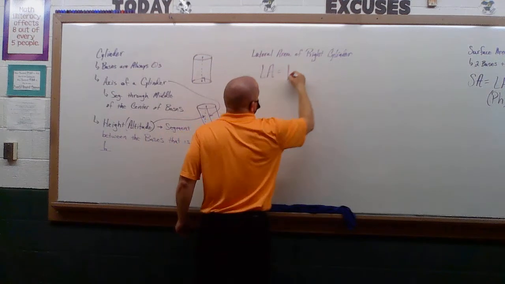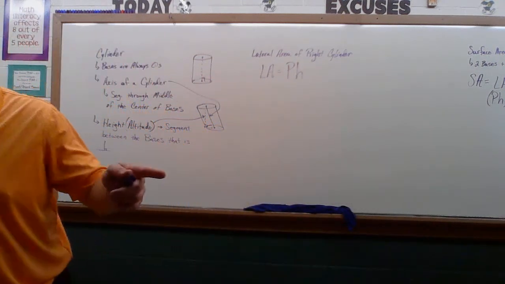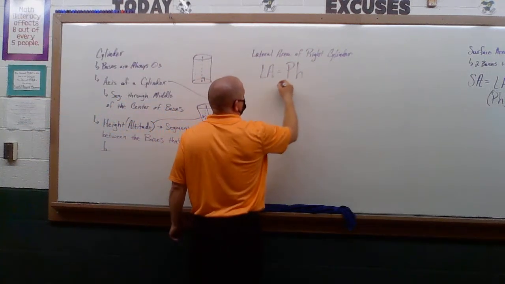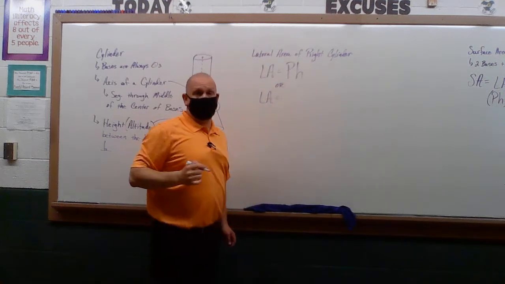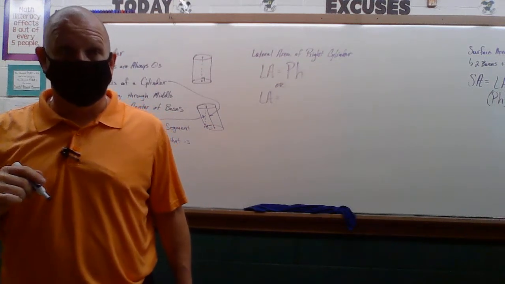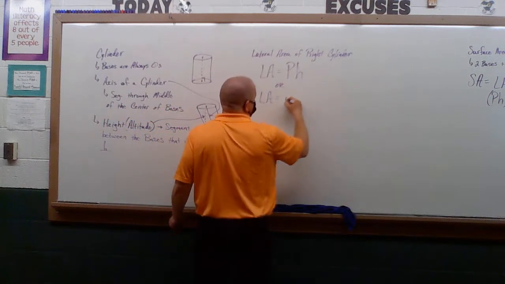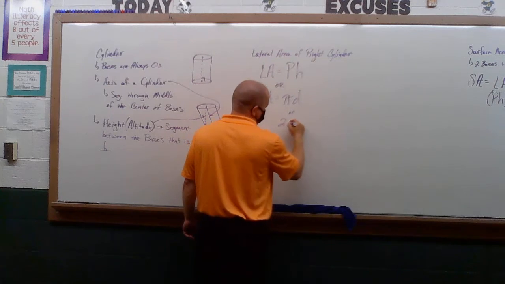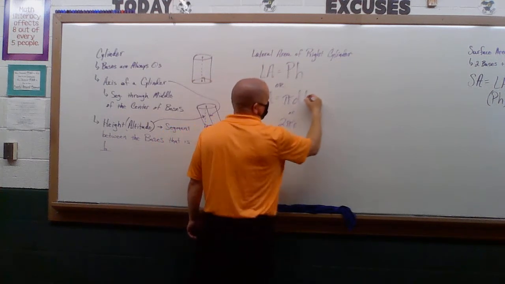Okay, capital P times H. But what do we know for the perimeter of a circle? The circumference. So the lateral area is, what's the perimeter or circumference then of a circle? Pi times diameter, or 2 pi r. So I'm going to have that perimeter still, and then I have to have my h.